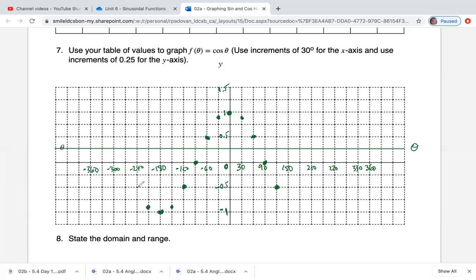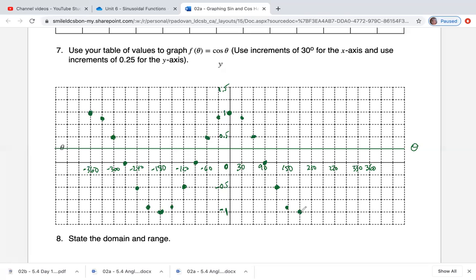And here negative 240 and negative 0.5. And then 270 is where I get back to 0. And then negative 300 is at positive 0.5. And negative 330 is at 0.9. And negative 360 gets me back up to 1. Same on the other side, I was at 150, so 150 is at negative 0.9. And then positive 180 is negative 1, which is the same as negative 180.